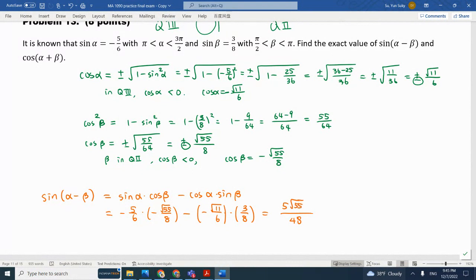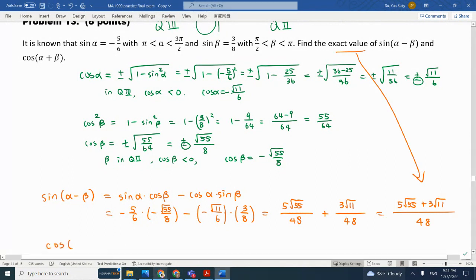And then minus, minus becomes positive. 6 times 8 is 48, 3 root 11. So we can combine them because they have the same denominator. So this is sine of alpha minus beta. It's an exact value, so just leave it like that. You don't need to put it in your calculator.